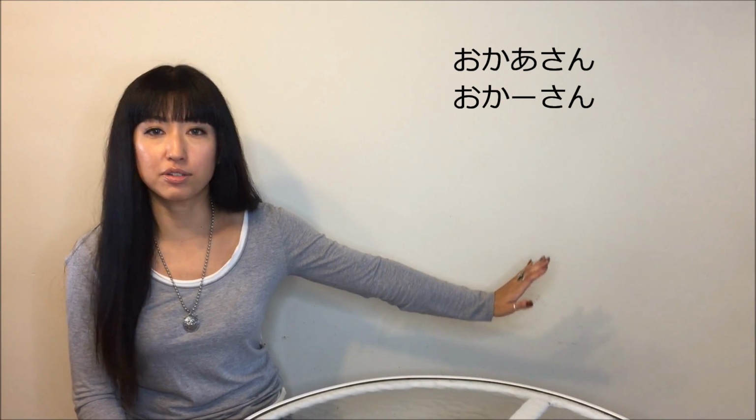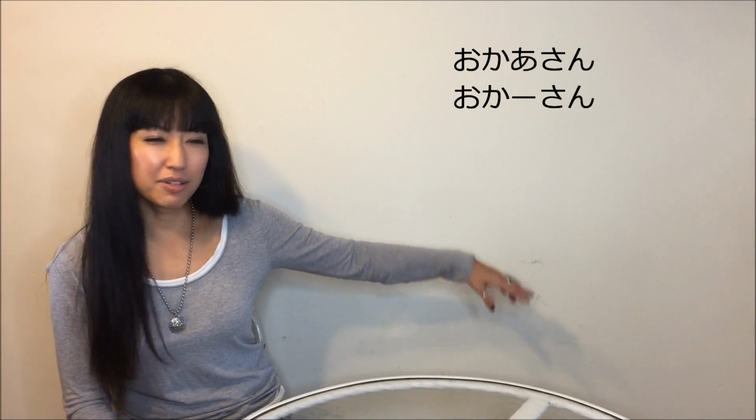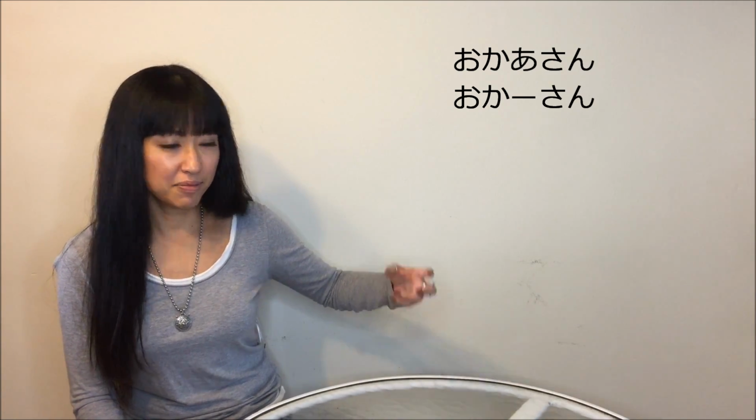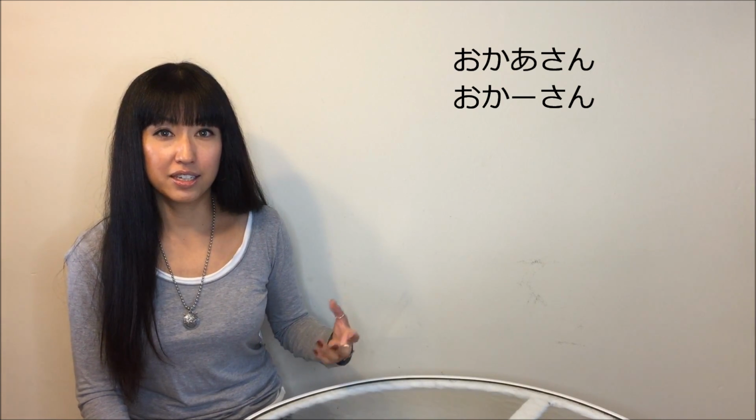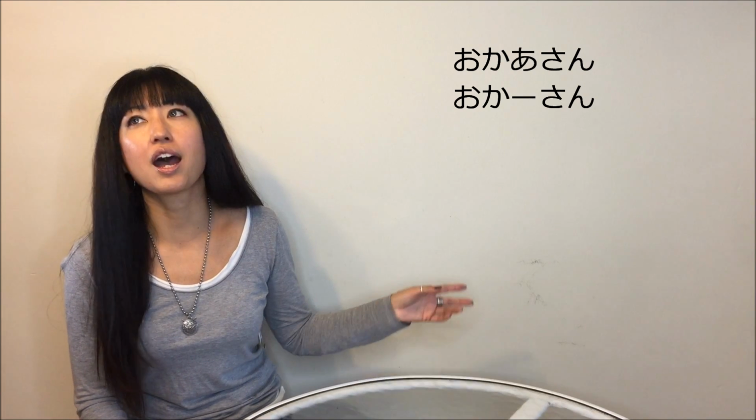We always use vowels for hiragana, so we don't do that. But sometimes in literature or anime, have you ever seen this? Okaasan. Only because ka ends up with a, right? So instead of putting another vowel, we just make it longer: okaasan.